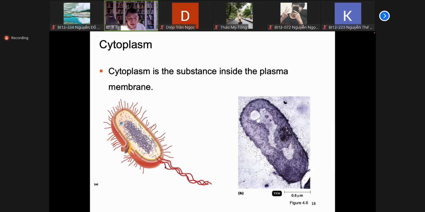But one single bacterium is one organism, so they need to have very elaborate, very complicated outside structures to cope with the environment. And so I will discuss those things.